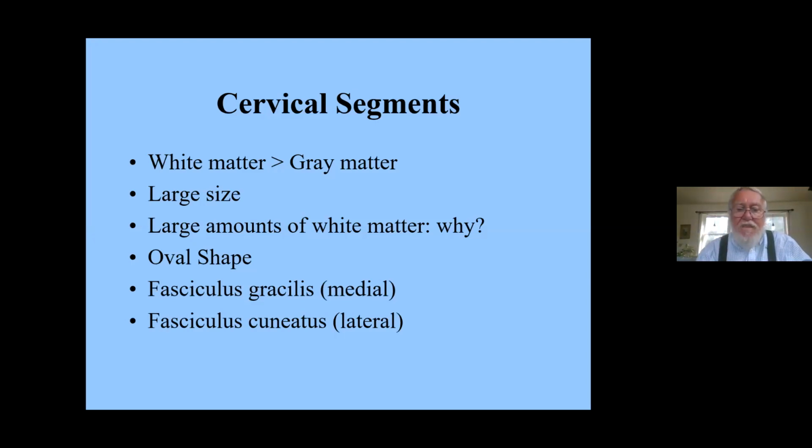Now, the other thing that we're going to be looking at very much today is a system called the dorsal column system. The dorsal column system is a somatosensory system which is transmitting information from the periphery through the spinal cord right up to within a few synapses of the postcentral gyrus.